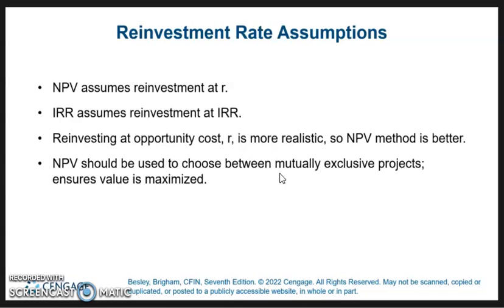Reinvesting at the opportunity cost, or the required rate of return, is more realistic. So NPV is superior. NPV should be used to choose between mutually exclusive projects, so it ensures that value is maximized.